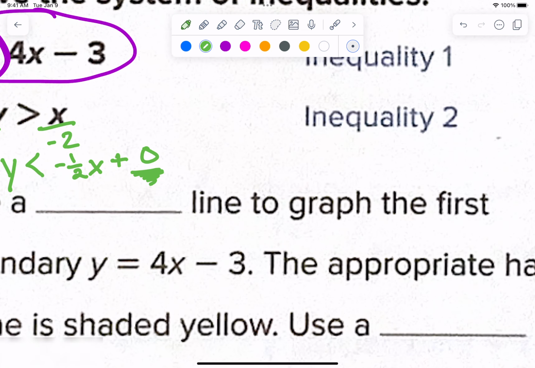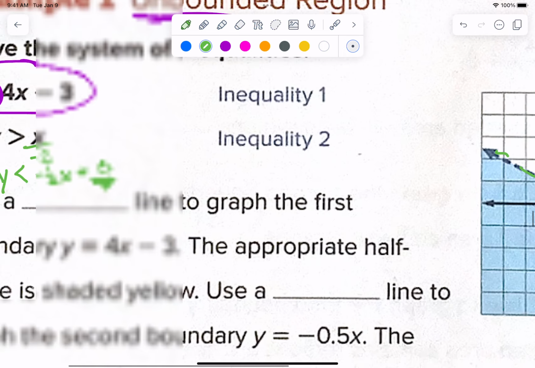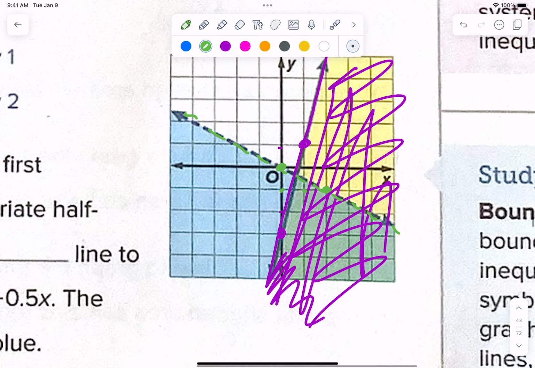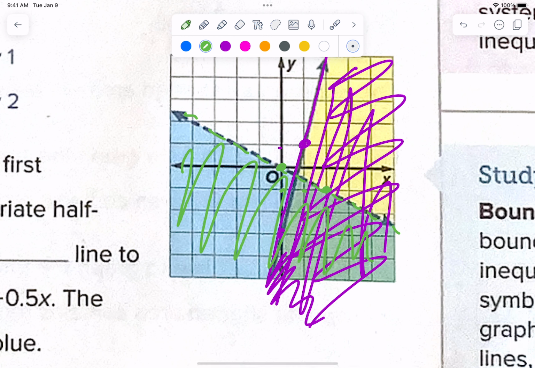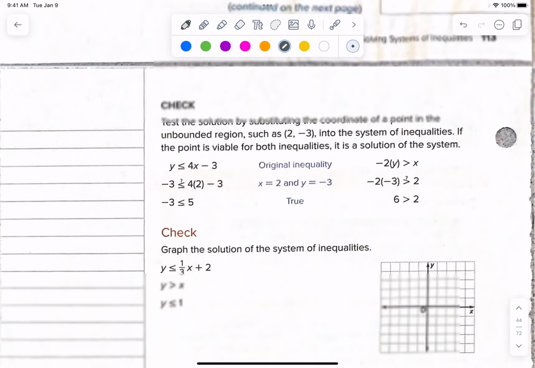Perfect. So I'm going to start at 0 and go down 1 over 2, and I'm going to draw my dotted line. Why is it dotted? It's not equal to, okay? And then less than means we're going to shade lower than. Which region is double shaded? This one down here in this corner, right? That's the double shaded one, okay? Happy with that?